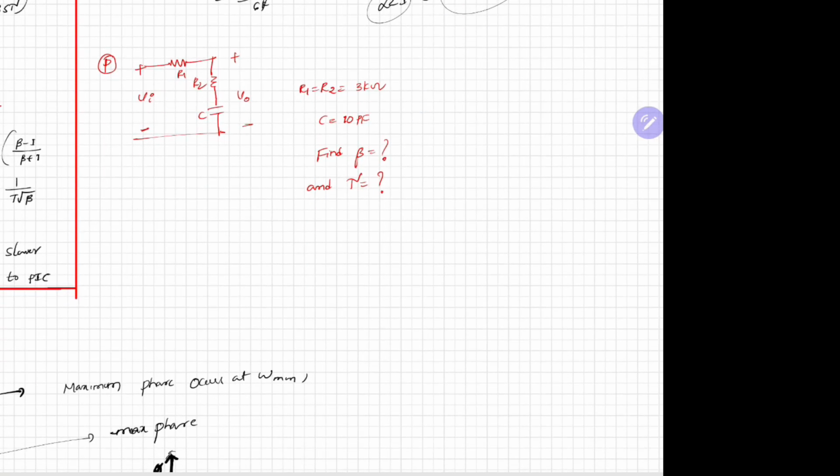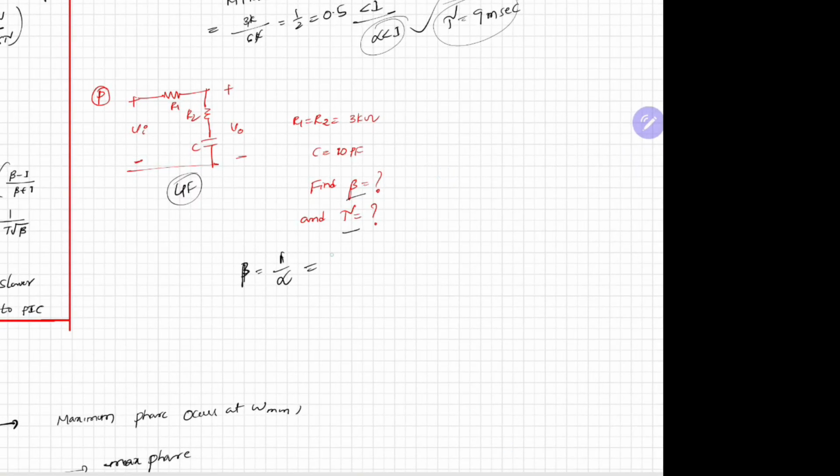And if you see the other question, here you need to find out beta. This is actually a low pass filter, it looks like. The question here is they're asking for beta and tau value. The beta is exactly equal to 1 by alpha. See, that alpha value you know, right?